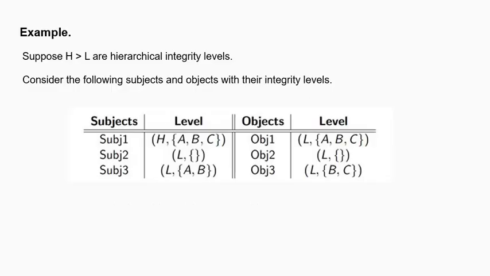Now let's look into an example to gain a better understanding of how the Biba model works. In this example there are two integrity levels, H and L, where H is greater than L, that is, the integrity level of H is greater than the integrity level of L, and three categories are present, that is A, B and C. There are three subjects, 1, 2 and 3, and three objects, object 1, 2 and 3, and each of them is associated with the corresponding integrity levels.